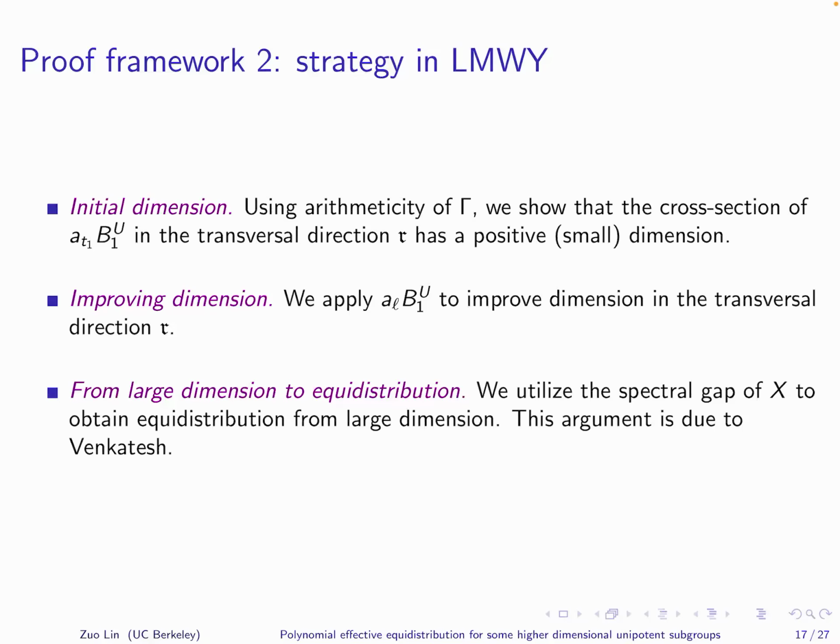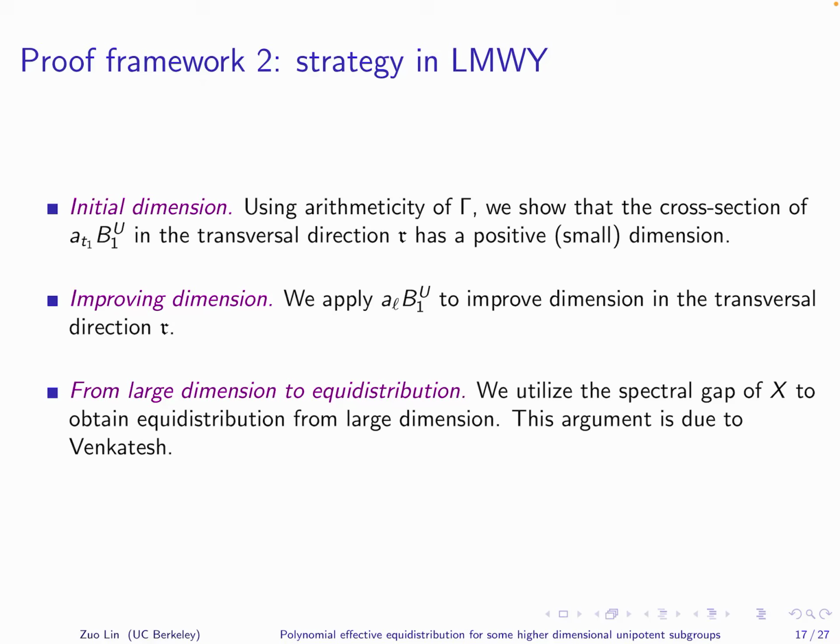The first phase is the initial dimension. Basically, using the arithmeticity of gamma, you can get initial dimension in the transverse direction R with some small positive dimension.